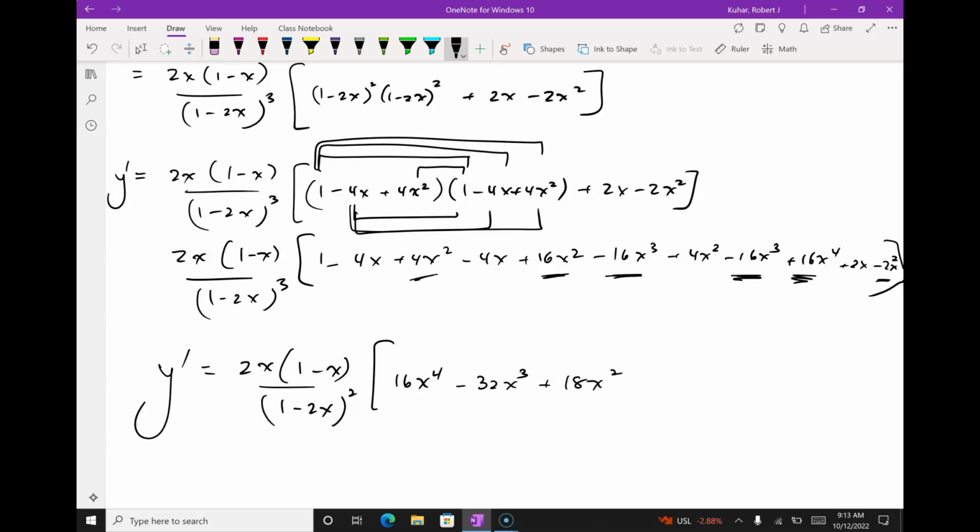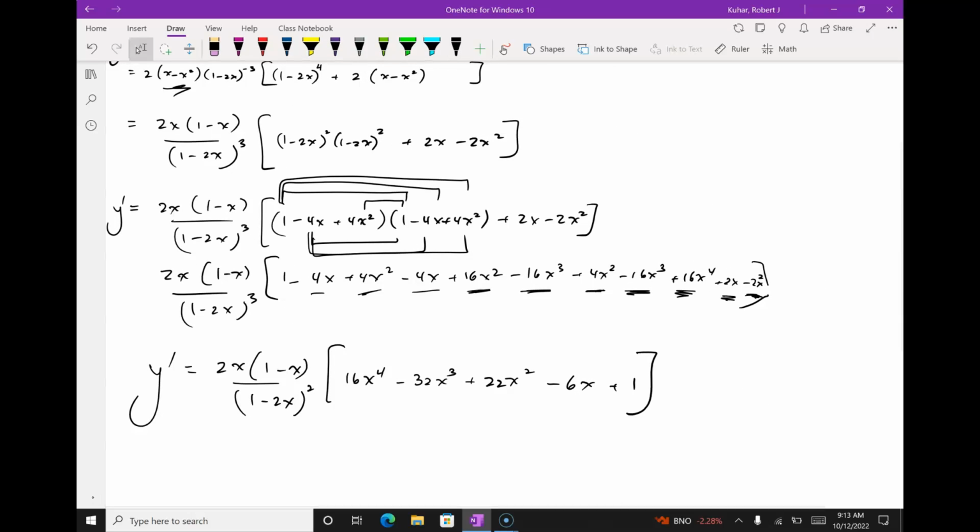Oh, did I miss one? I missed one, right? Minus 2x squared, plus 2x squared, plus 18x squared, plus 22x squared, sorry. Now my x terms, 2x minus 8x, so minus 6x, and then my constant is just 1.